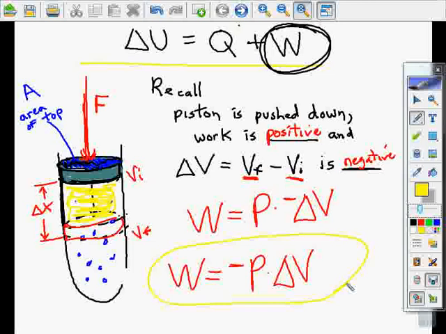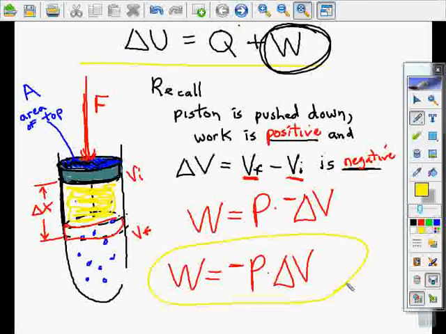However, in your textbook, they use the opposite plus-minus system. The textbook says if the gas pushes up on the piston, that's positive work. So when we say the work is positive, the textbook would call it negative.